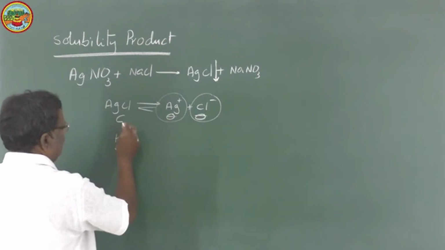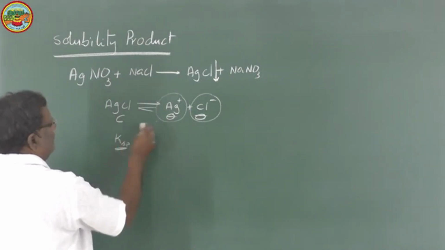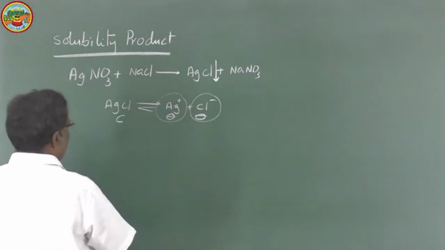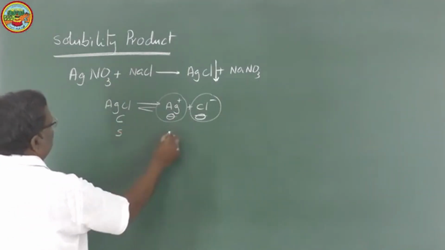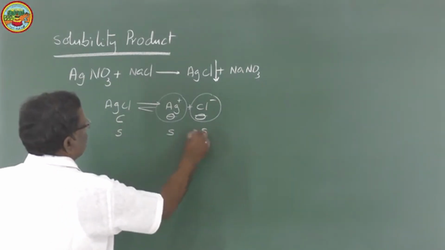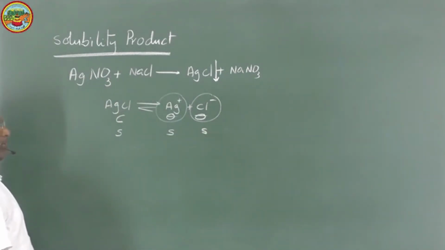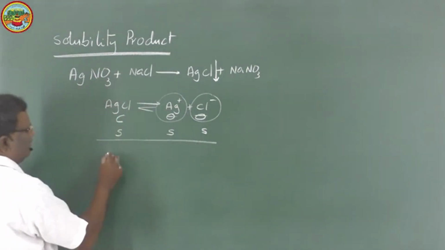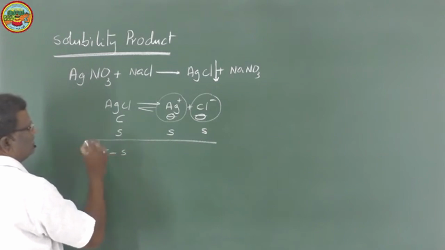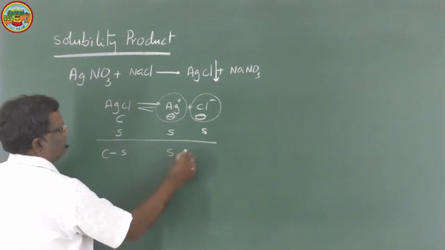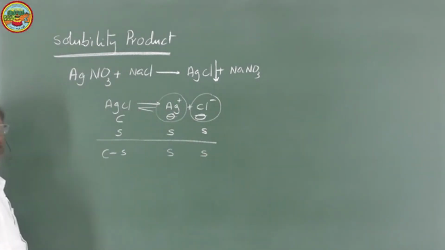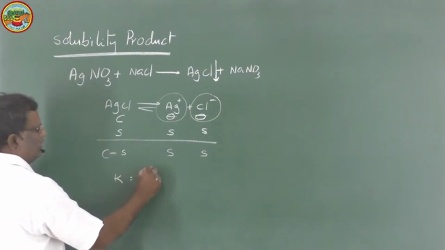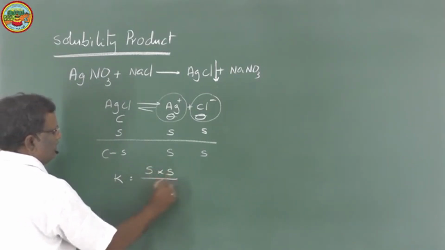To a small extent, let S be soluble. If S moles of AgCl is soluble, S moles of Ag plus ions and S moles of Cl minus ions will be formed. At equilibrium, the concentration of AgCl is C minus S, whereas the Ag plus concentration is S and the Cl minus concentration is S.